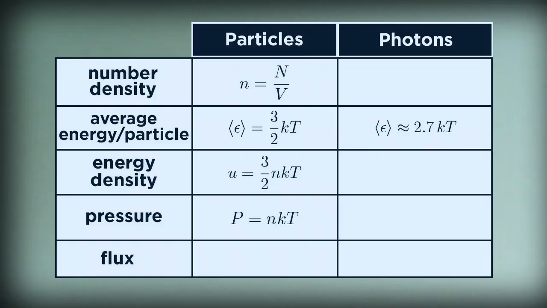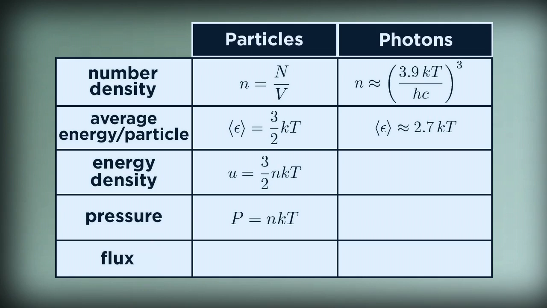If we inject more energy into the gas, speeding up the particles, the magnitude of their accelerations will rise, and they'll produce more photons. It turns out the number density of photons rises as the temperature to the 3rd power. The number density, n, is the cube of 3.9 kT over hc.